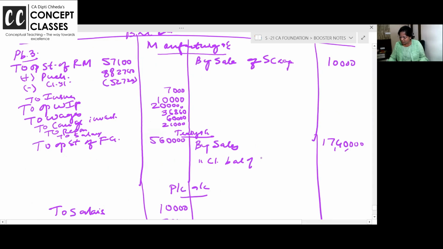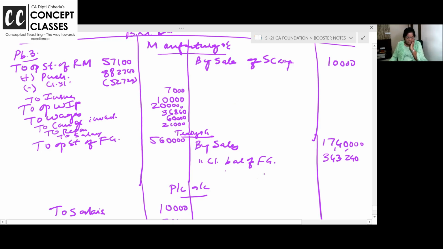Closing balance of finished goods, trading account. Opening stock of finished goods which are ready, plus transfer, sale and closing. 343,240. Finished goods stock will come in the trading account. Raw material stock and work in progress will come in the manufacturing account. फिर से एक बार. See, 3 stocks are given to you. Raw material stock in the manufacturing account.